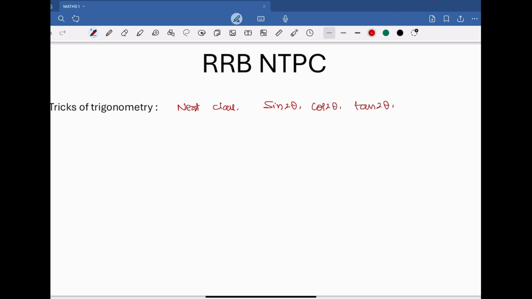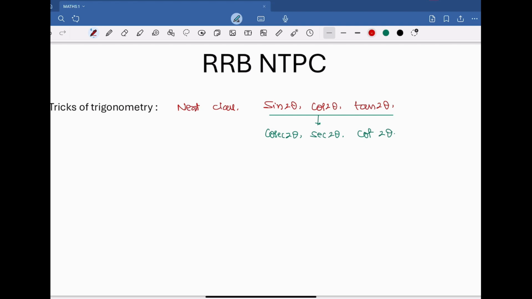Then how to define sin 2 theta, cos 2 theta, tan 2 theta. From these values we will go for cosecant 2 theta, secant 2 theta and cot 2 theta.